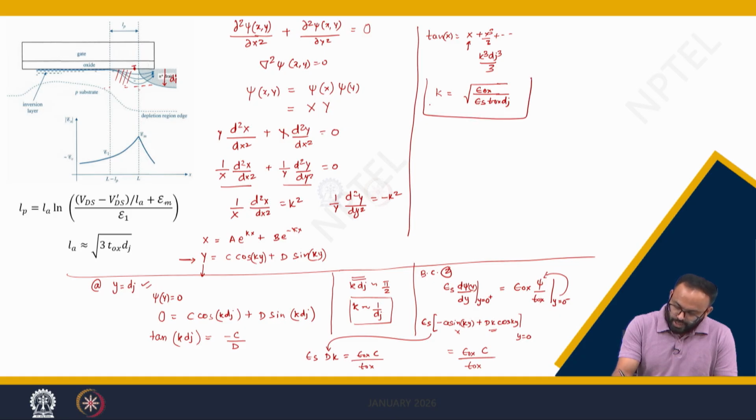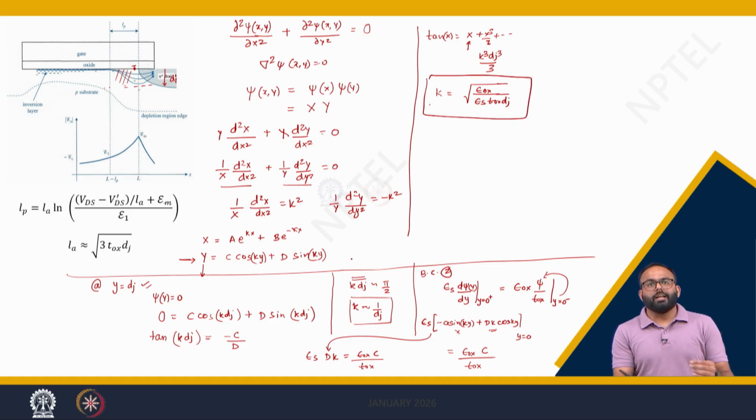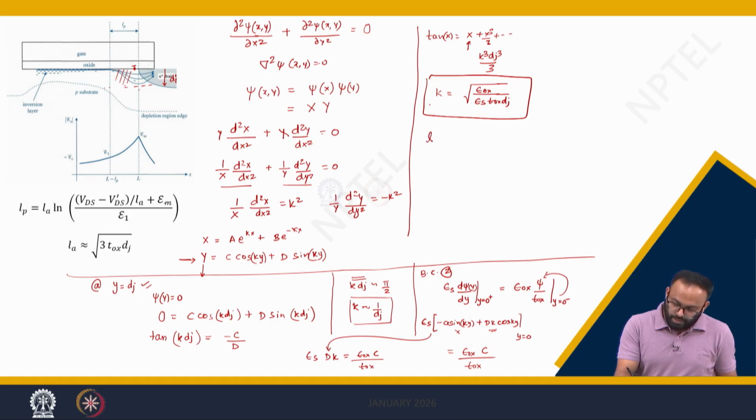This is the value of k you will get. Now, we can define a characteristic length L A equals 1 over k, which is the square root of epsilon s by epsilon ox into t ox into dj.